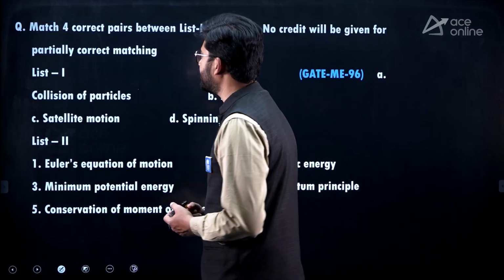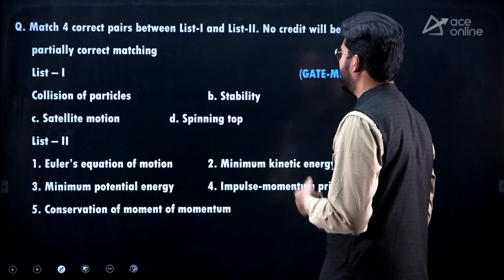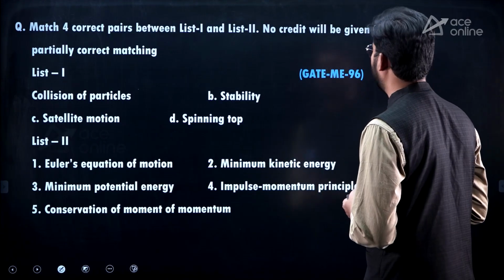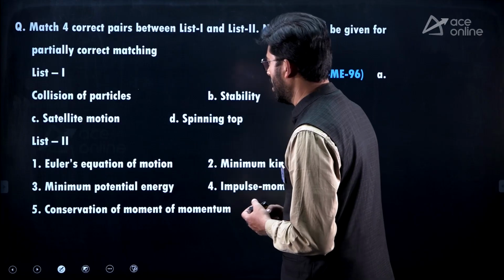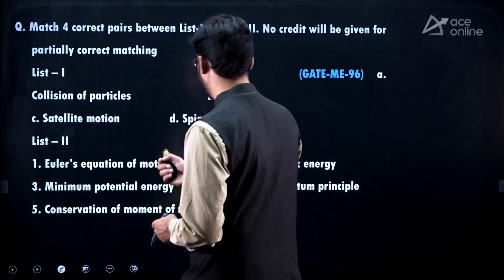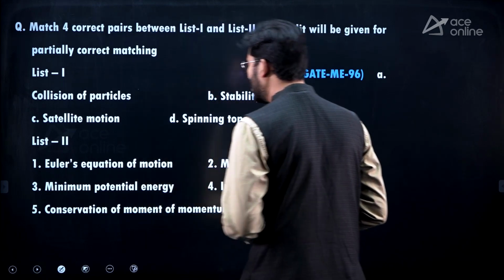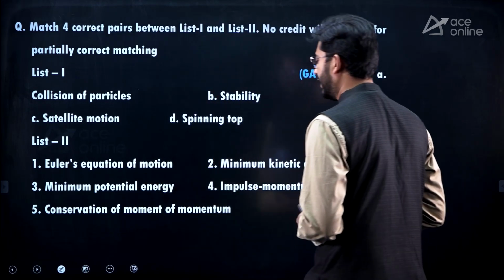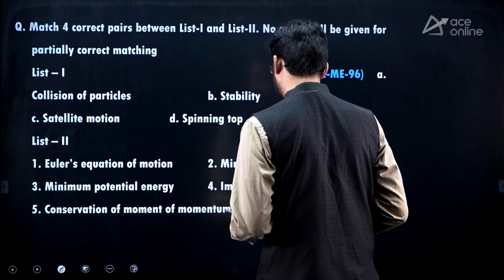In the next question, match the 4 correct pairs between list 1 and list 2. No credit will be given for partially correct matching. List A is going to tell us about collision of particles, stability, satellite motion, spinning top, and list 2 is telling us about Euler's equation of motion, minimum kinetic energy, minimum potential energy, impulse momentum, and conservation of momentum.